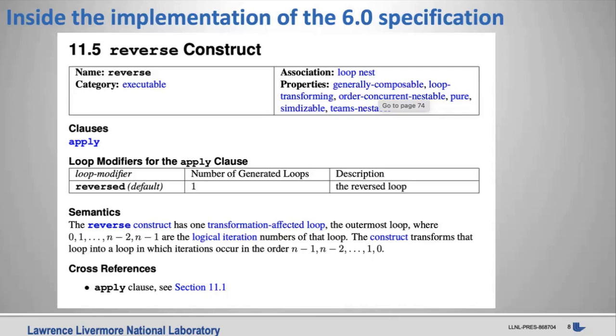And in fact, in 6.0, the prototypes of the routines and entry points and such are actually generated from the JSON files.